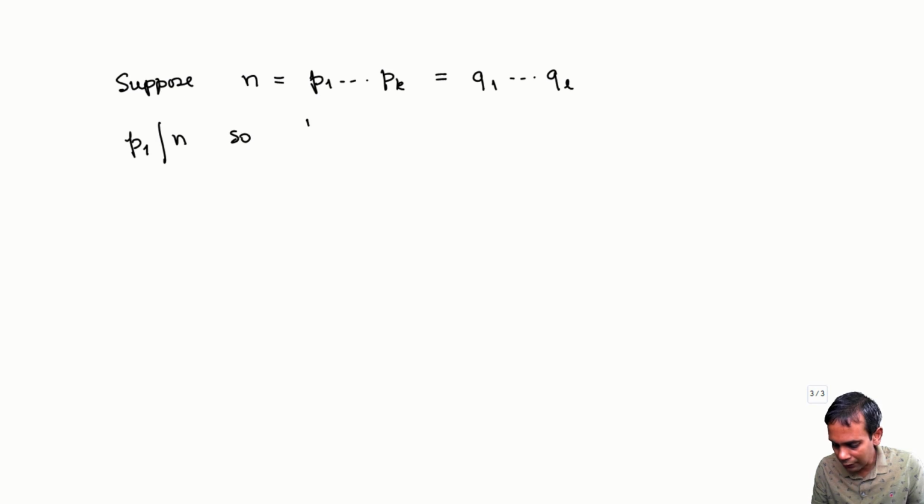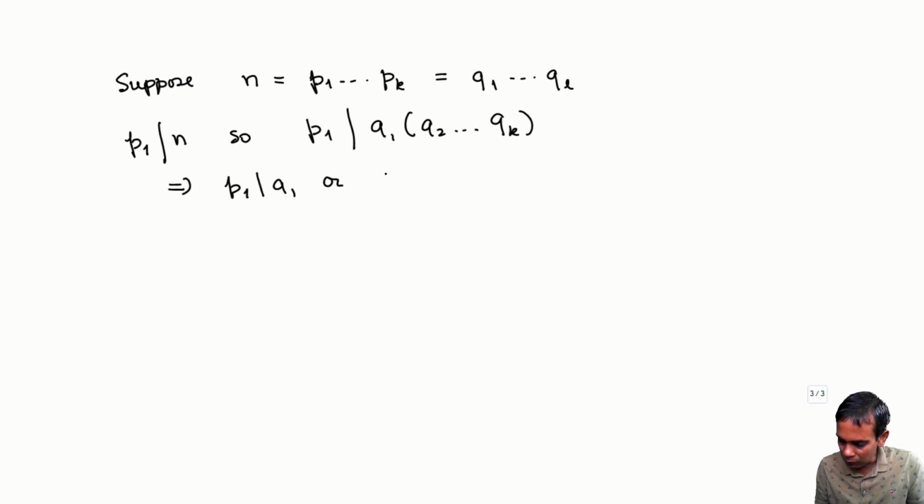So we can write this as p1 divides q1 times q2 dot dot dot qk. And now we will take this as m and this as n in Euclid's theorem, which implies that p1 divides q1 or p1 divides q2 up to qk.